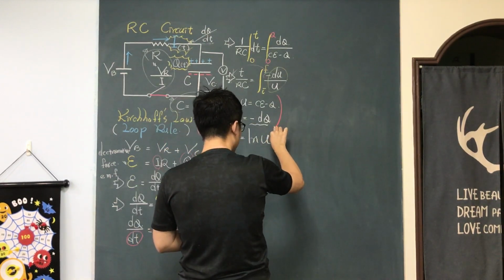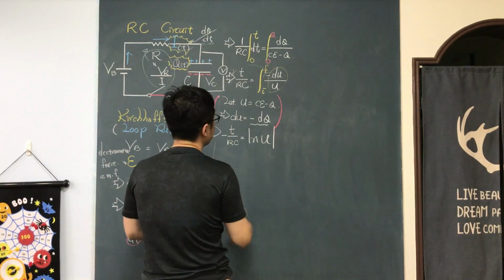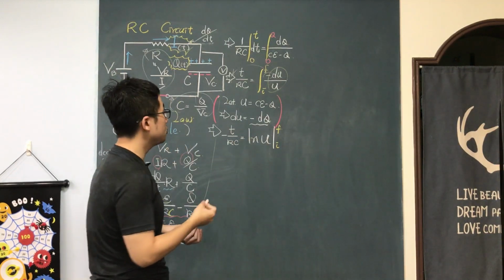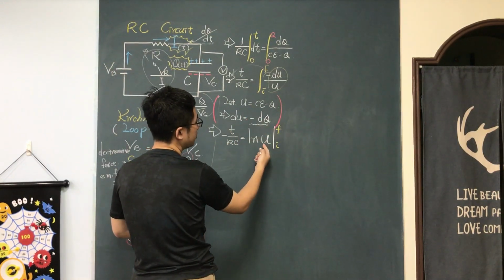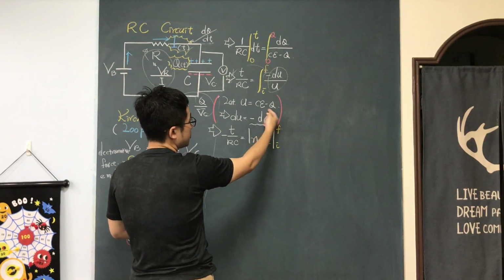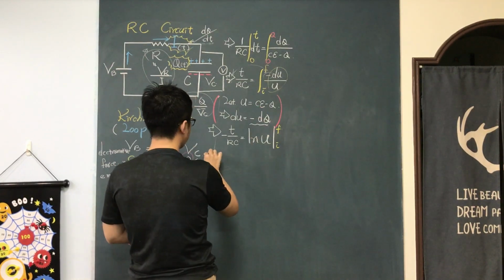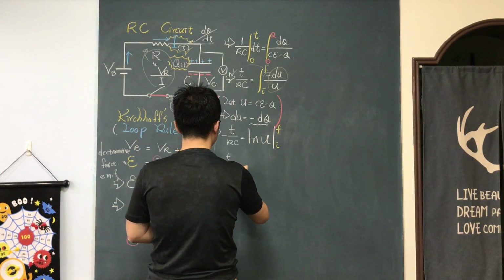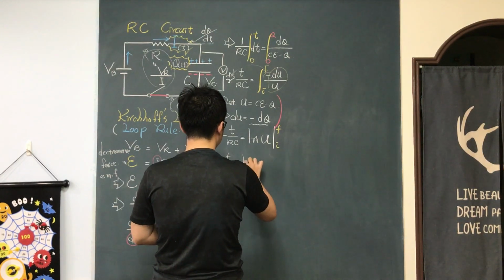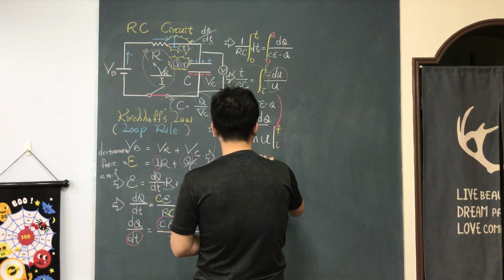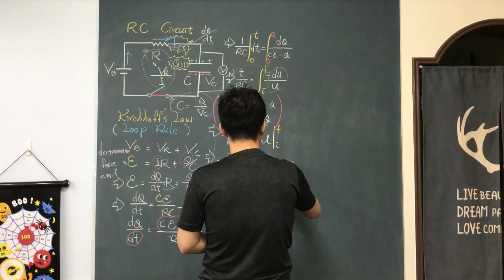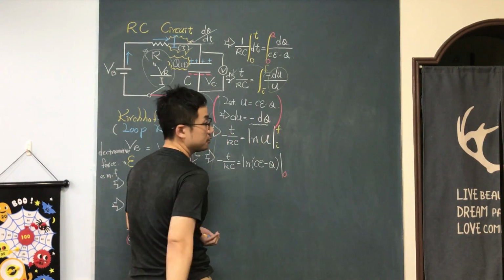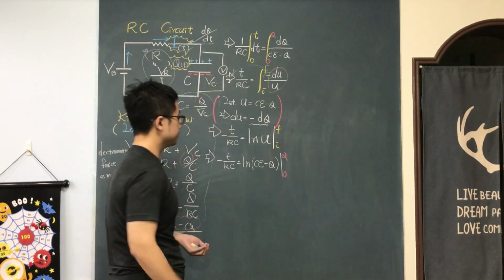But now, since you are no longer using the U-Substitution, you can replace the u back to the original form, CE minus q. So I can keep writing t over RC is now equal to natural log of CE minus q, evaluated from charge equals 0 to some charge q.